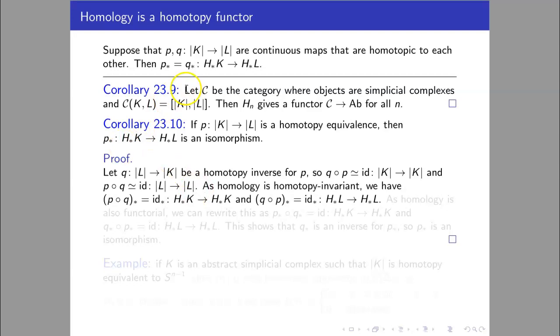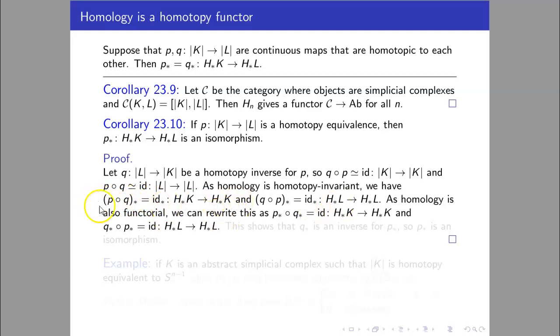So by this homotopy invariance fact that we wrote up here, because P composed with Q is homotopic to the identity, that means (P composed with Q) lower star is equal to the identity star. And similarly, (Q composed with P) lower star is the identity star from H star L to H star L. But also, homology is functorial, so that means that (P composed with Q) star is P star composed with Q star, and id star is the identity.